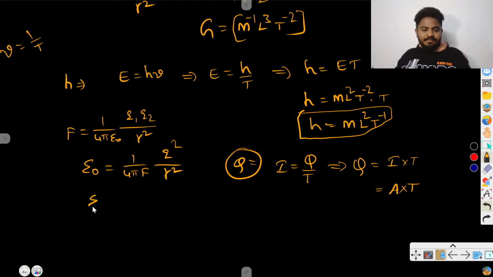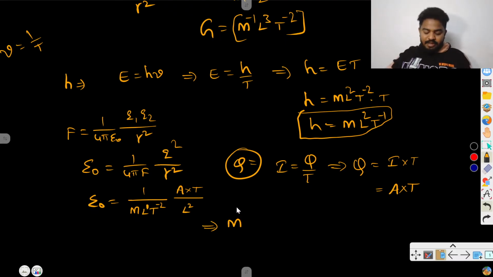For epsilon naught: 1 by force, M L T^-2. For charge, A into T, and for r^2, it is a distance, so we will take L^2. So from these you can write the dimension formula: M to the power minus 1.